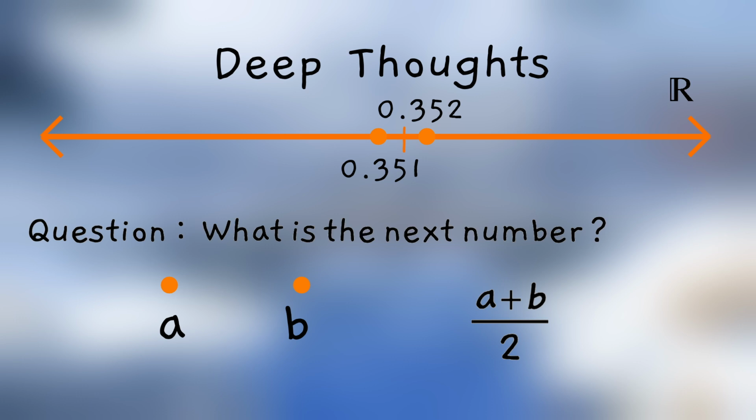Well, you could then take the average of the first and second points, and then the average of the second and third points, and you would get additional points halfway between those. And you could continue this process over and over again. And in that way, you could see that there is an infinite number of numbers between any two numbers on the real number line, no matter how close they are to one another.